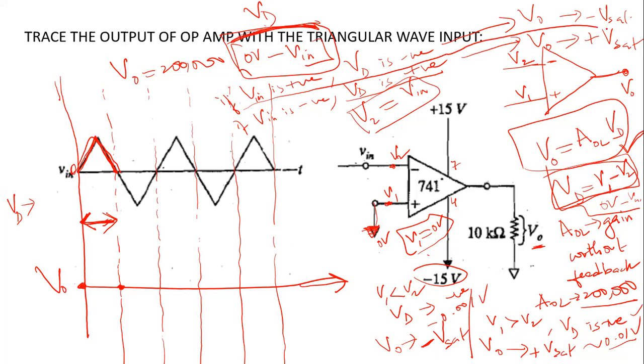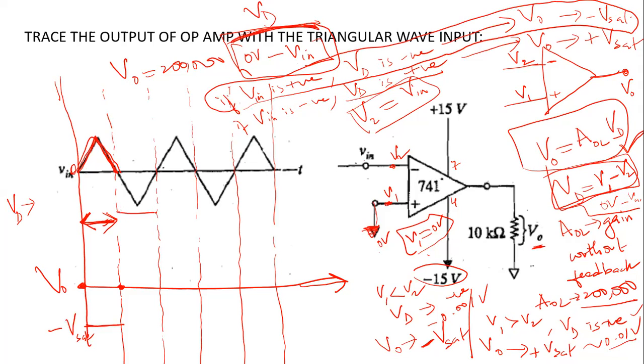Then it will go to negative saturation. You understand this line that I discussed here? So between this interval, the output signal will go to negative saturation, like this, minus V sat.